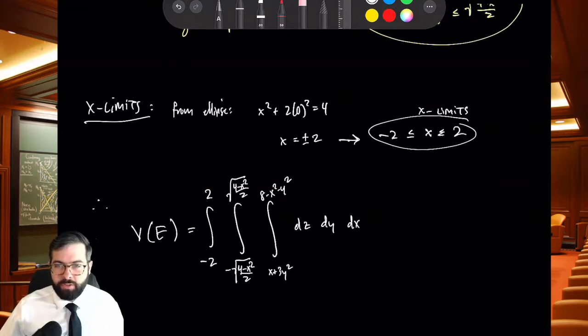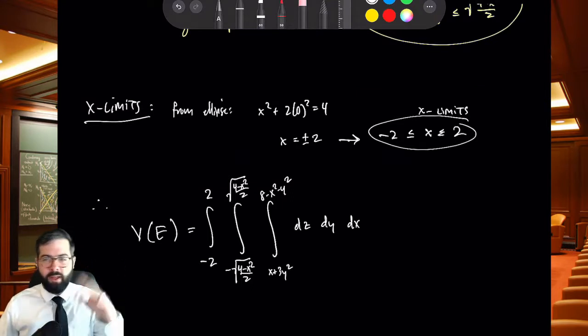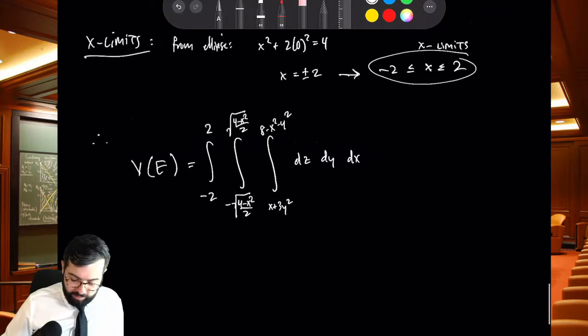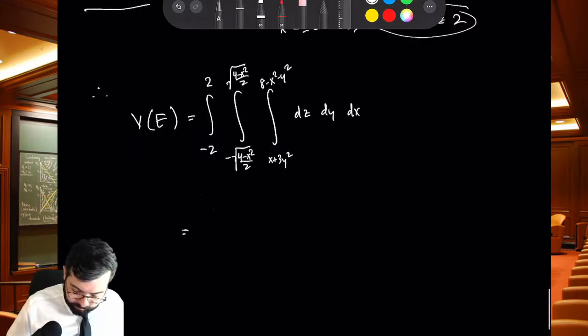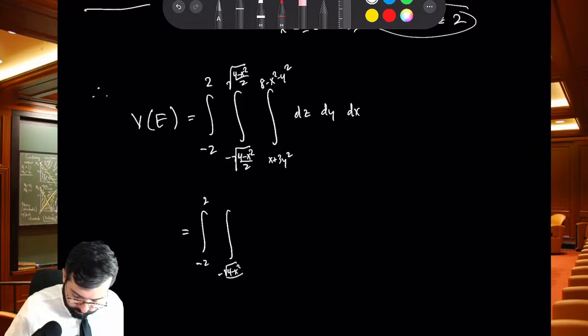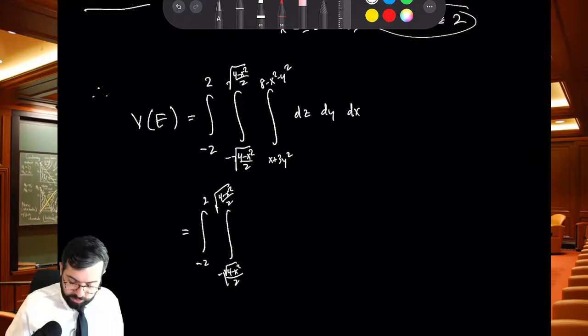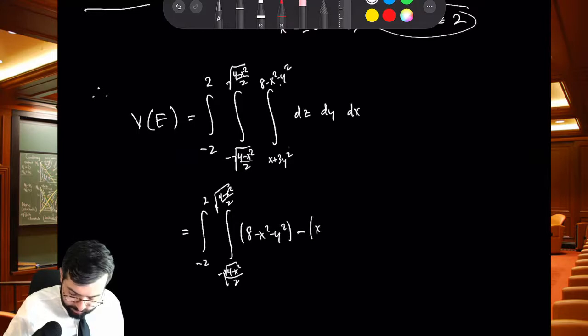So we're going to just carry this out 2 steps. I'll get it to a double integral, and then we can just kind of wave it on from there. So if we're just integrating dz, then what we really get is z evaluated between the top and the bottom. So this really just becomes 8 minus x squared minus y squared minus (x squared plus 3y squared) dy dx.